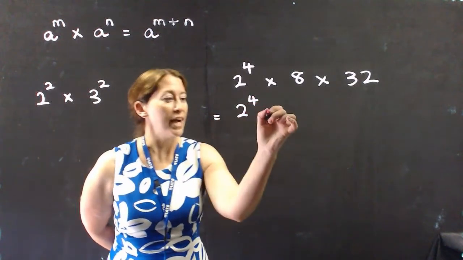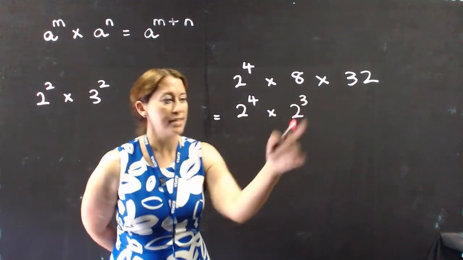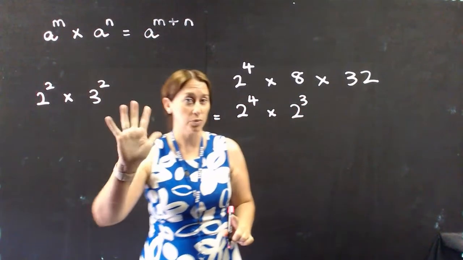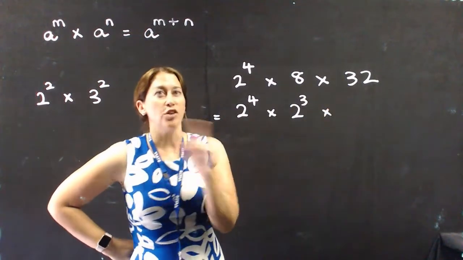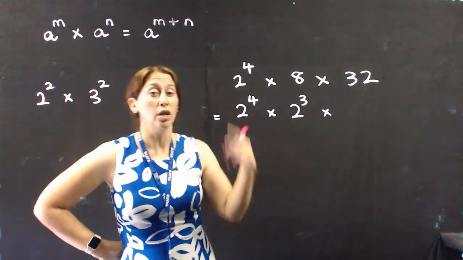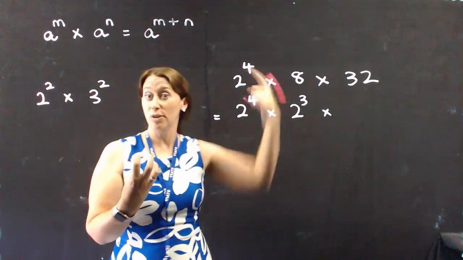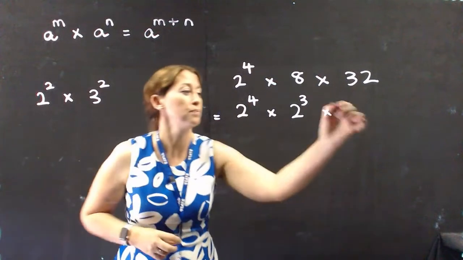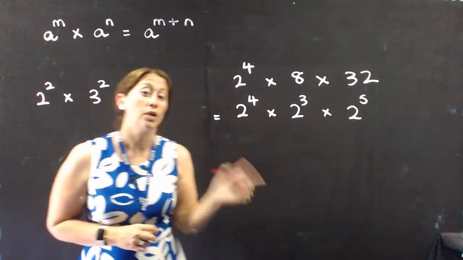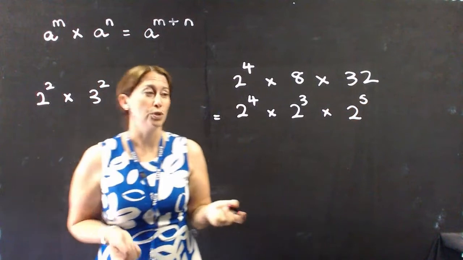So I've already gone one step closer to being able to use this multiplication law of indices. Let's think about 32. If we break 32 down to 8 times 4, we can break 8 down to 2 cubed and 4 as 2 squared. We can write 32 as 2 to the power 5. Some of you may already know 32 can be written as a base of 2.